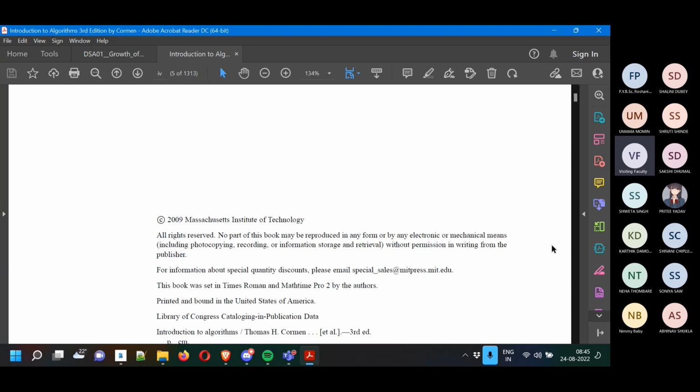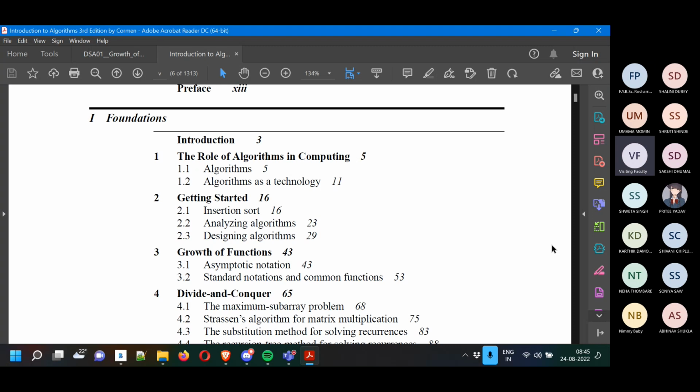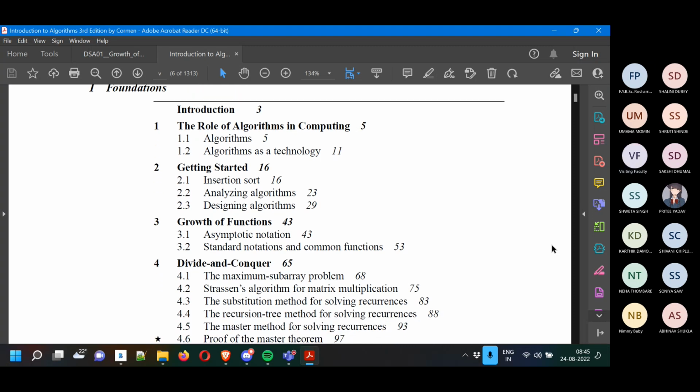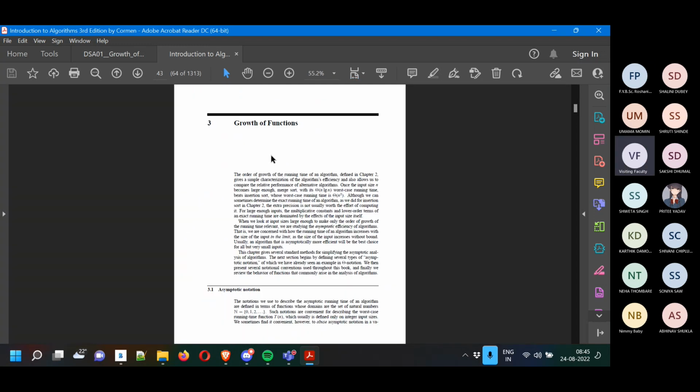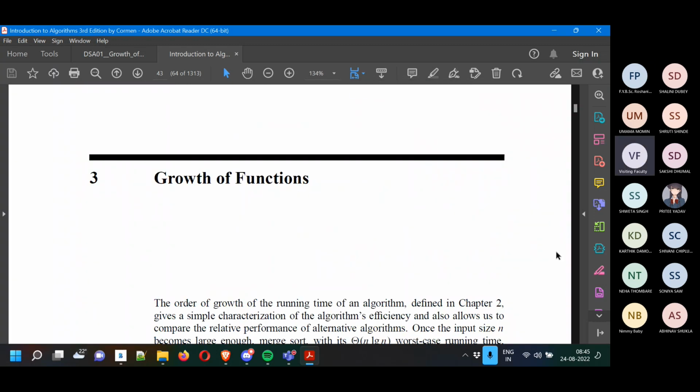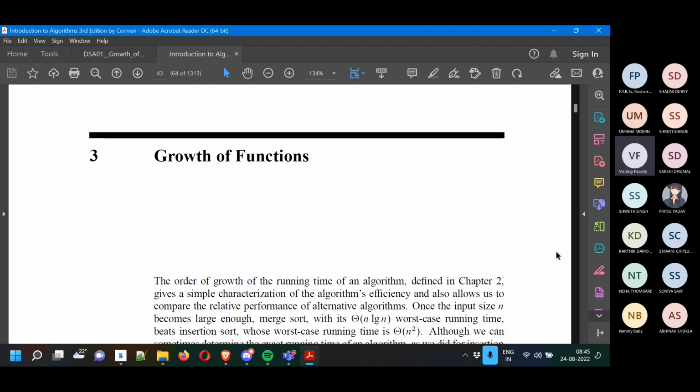Yeah. All right. So this was the book, and this is what we were looking at. Point number 3, growth of functions. Okay, so let's click and go here. You might think that all of this is too much work, but it is not actually. If you do so much work every week, then you really will not have much work to do separately for your exams.